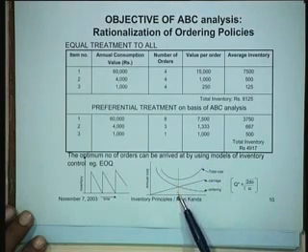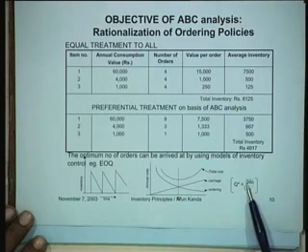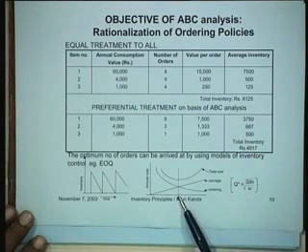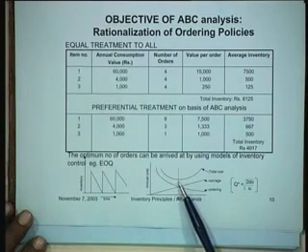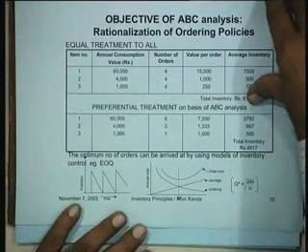And at this particular point, which is called the EOQ, whose formula is Q star is equal to the square root of 2 into demand into ordering cost divided by I into C, this particular value therefore gives you the point where the total inventory cost is minimum. That is another aspect of how you can rationalize your ordering policies.